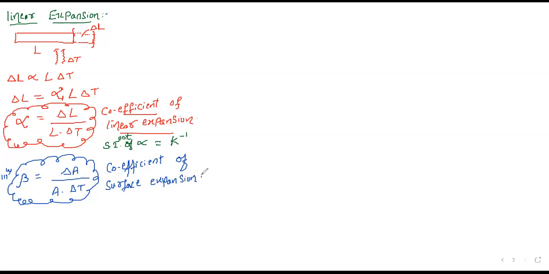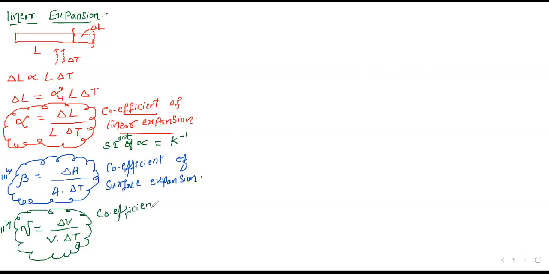Instead of talking about the area, if you talk about the volume, then it is called gamma, that is the coefficient of volume expansion, that is delta V by original volume into the change in the temperature. This is called the coefficient of cubical expansion.